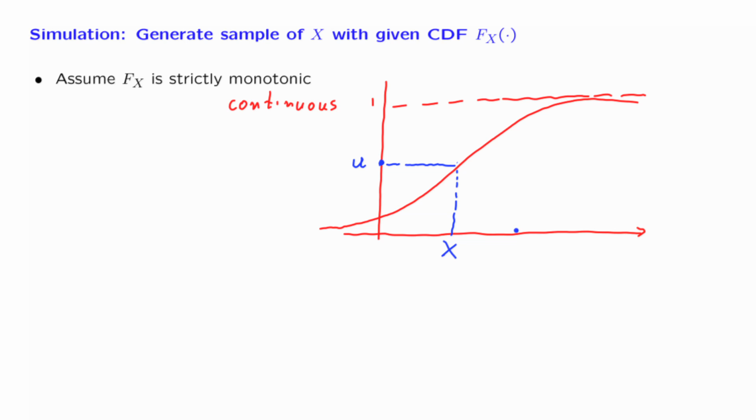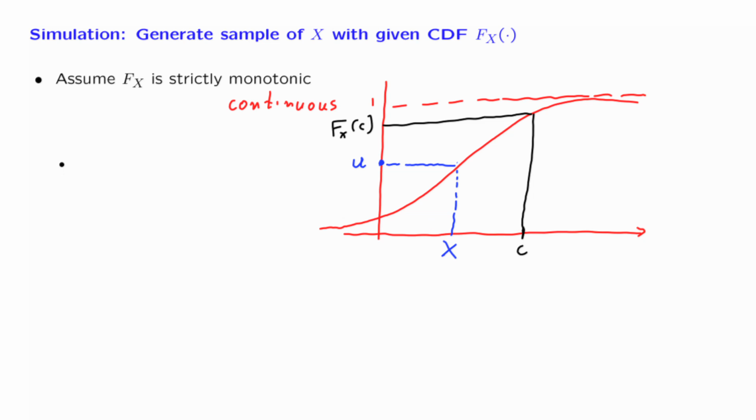Now, what are the properties of this method that we have been using? If I take some number c and then take the corresponding number up here, which is going to be F_X of c, then we have the following property.